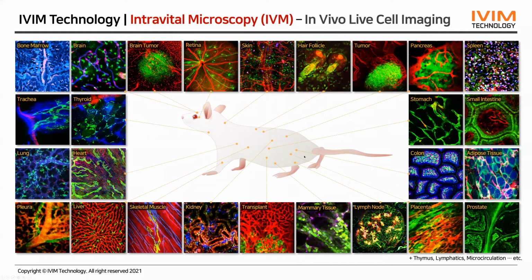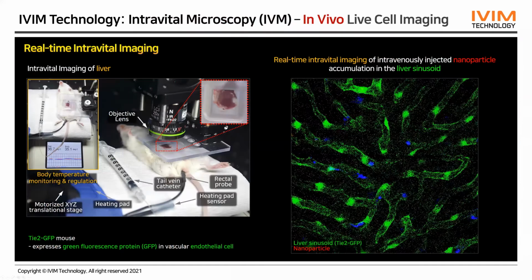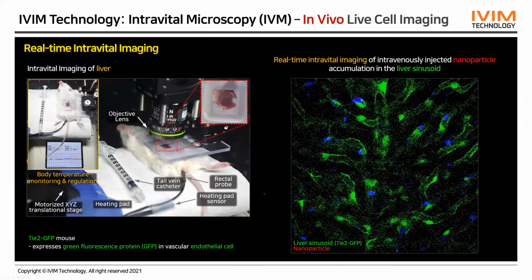This kind of very high resolution intravital imaging can be obtained by using the IVIM Technology's intravital microscopy system, the two-photon and confocal microscopy system. And then I'd like to show you some real examples of various tissue imaging.